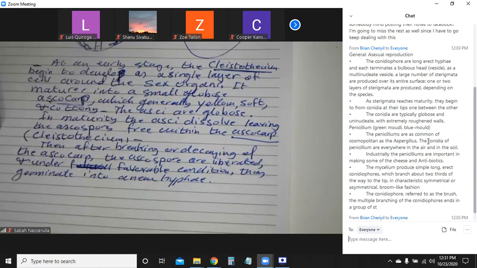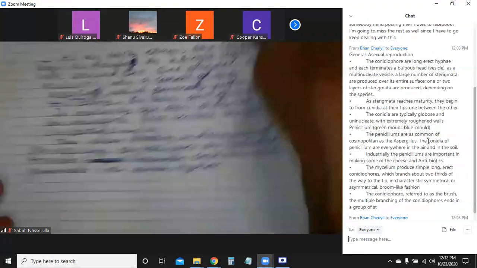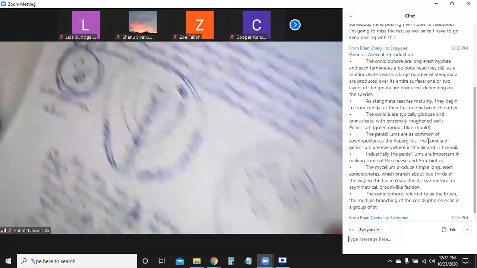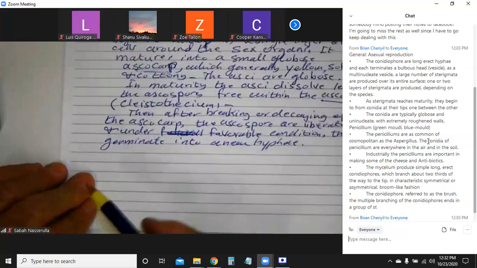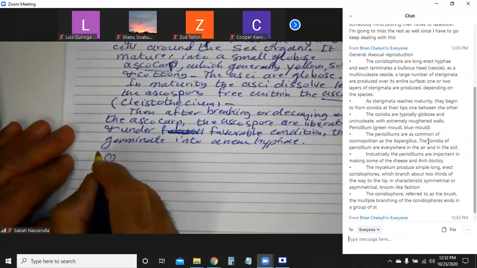Now I'm going to move to another order within this group of the ascomycetes, which is known as the order Erysiphales.